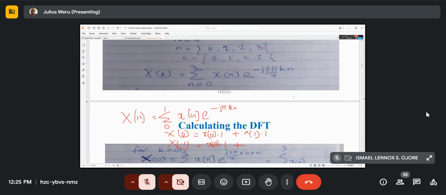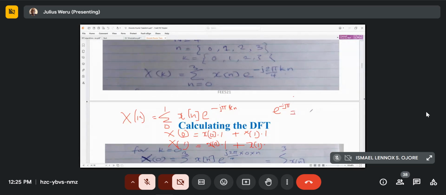Plus, now here things will change. We go to x of 1 into, now let's think about this, e to the minus j pi. They are both equal to 1, so it is simply e to the minus j pi times 1 times 1.